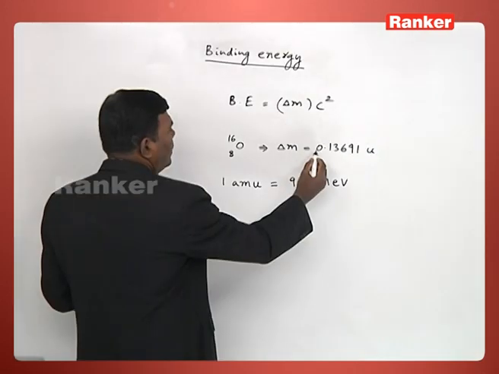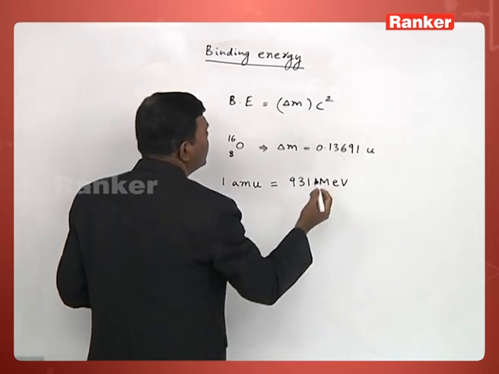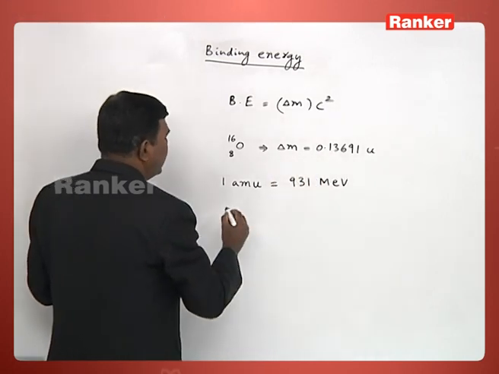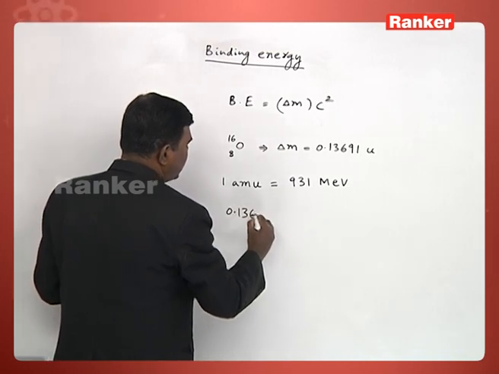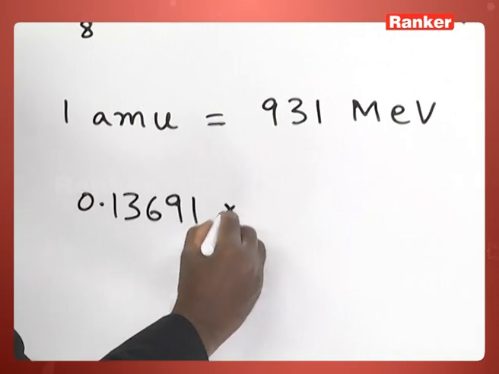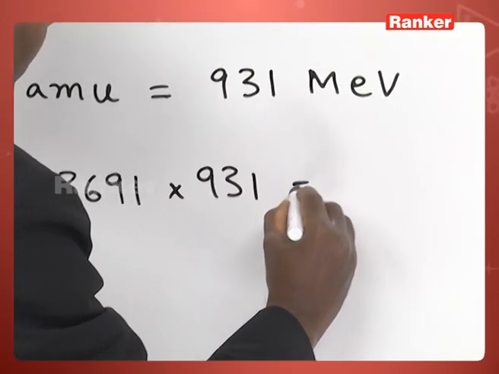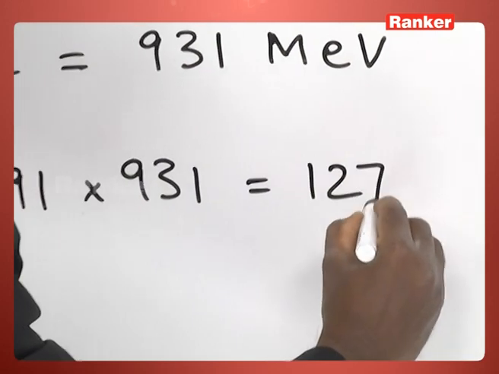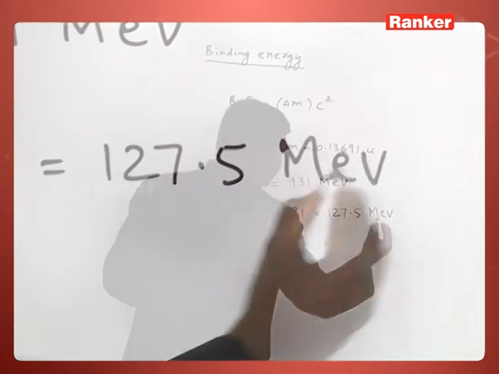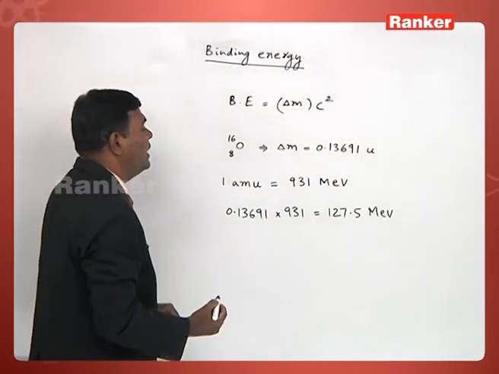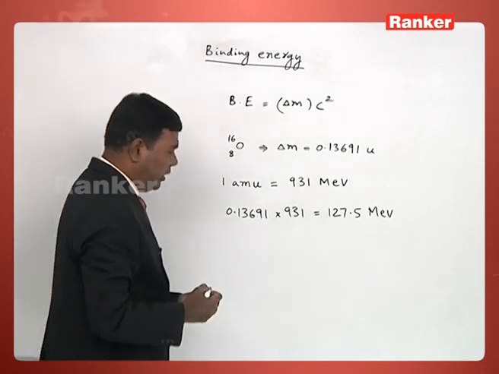So if you convert this mass defect 0.13691 into energy, it is 0.13691 multiplied by 931. That gives you 127.5 million electron volts.